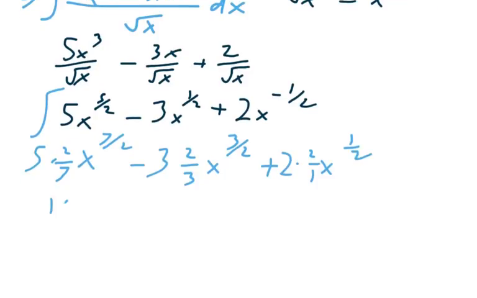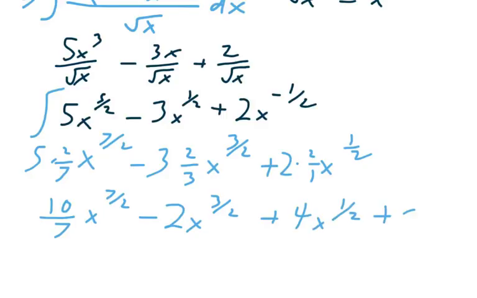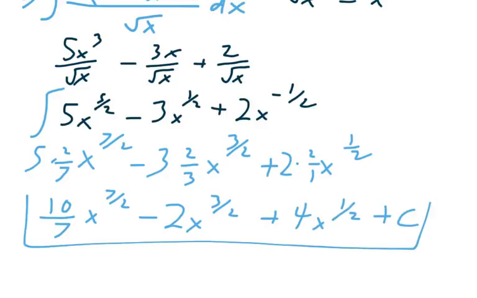So when I got this, I got 10 over 7 x to the 7/2, minus 2x to the 3/2, plus 4x to the 1/2, plus c. And there's your answer for number 2.